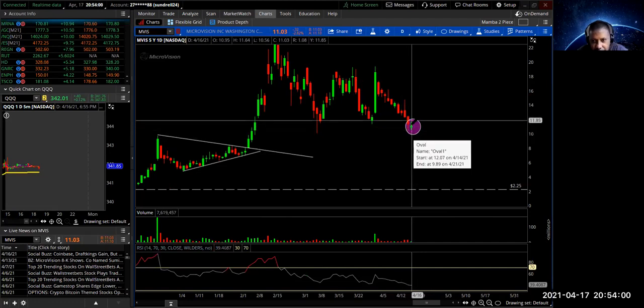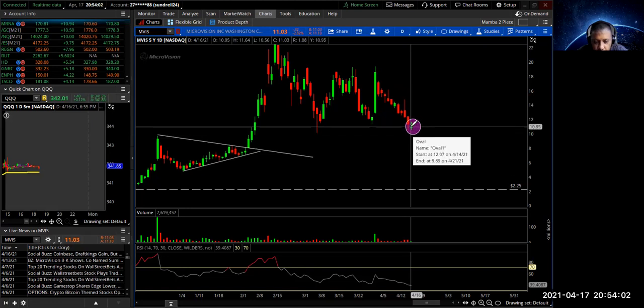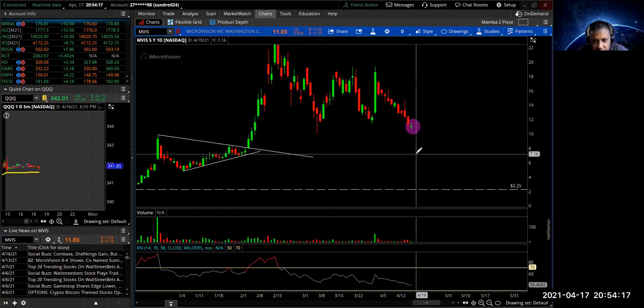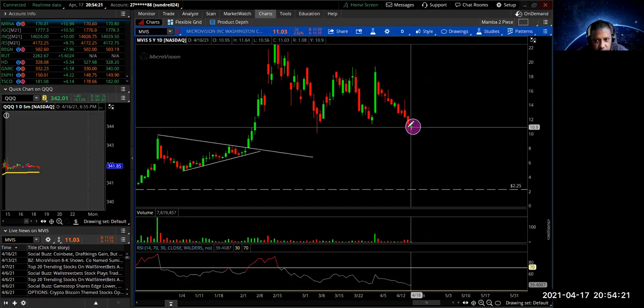But you make a high, you can make a low, but the open and the close end near or exactly where it starts. So you close almost where you open, but you could open at 105, go up to 160, go down to 100, and then you close back at 105. It'll make almost a flat line.